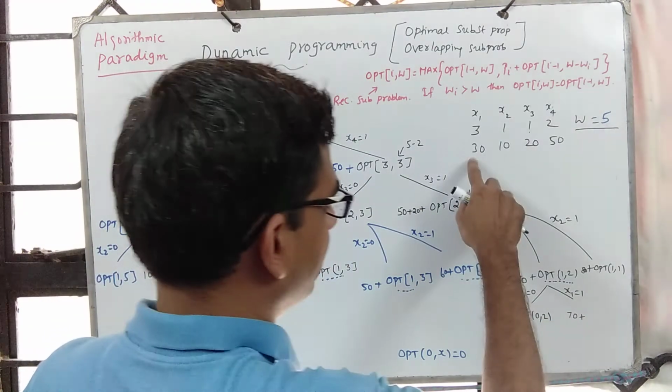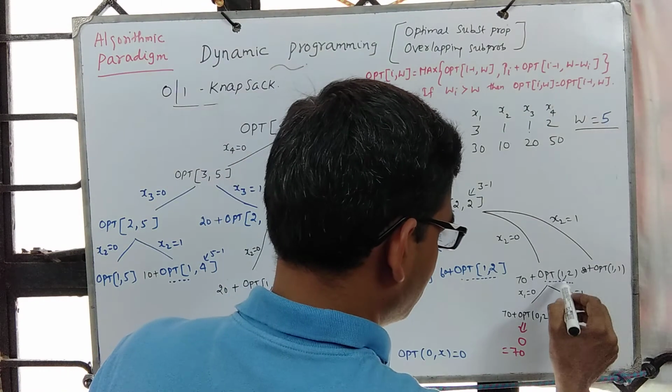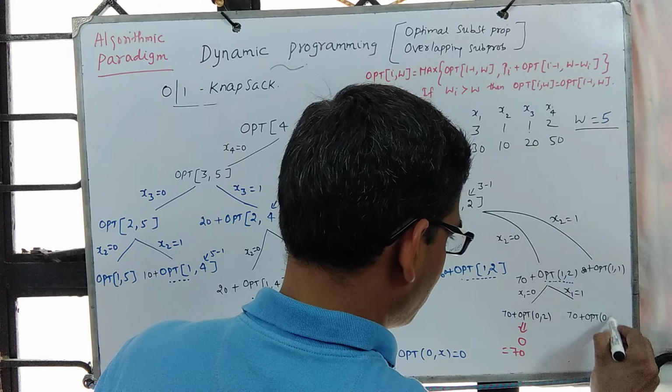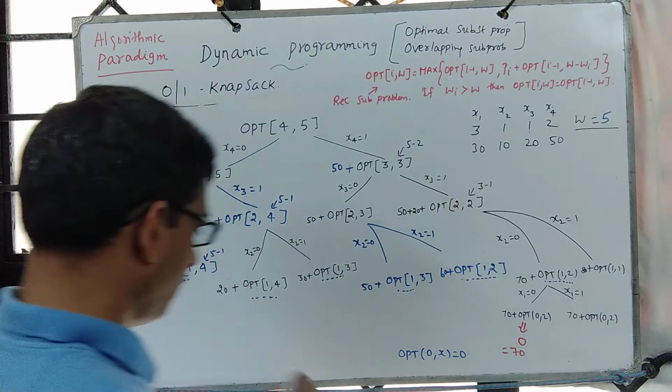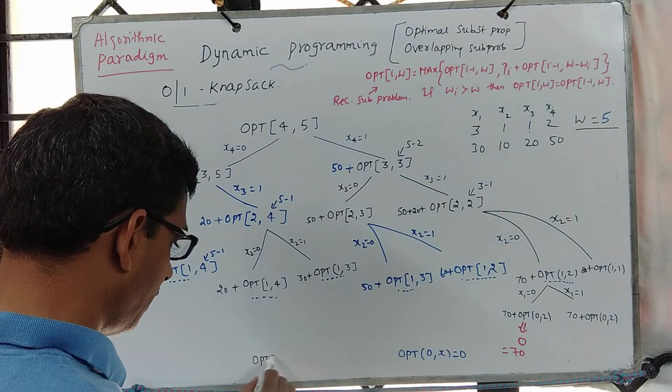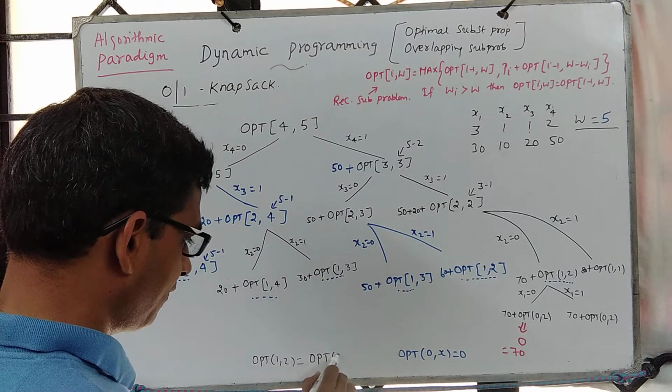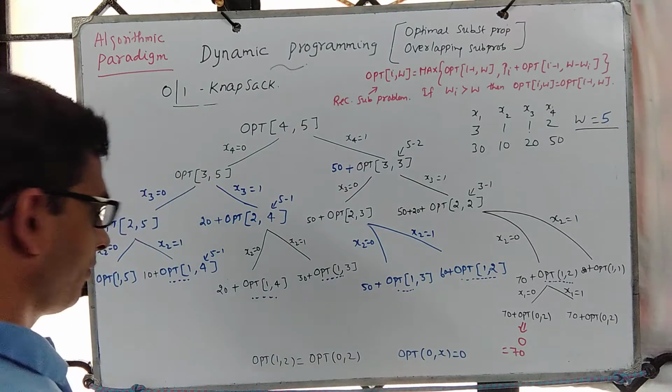So x1 cannot be considered. So this one is same as opt of 0 comma 2. So opt of 1 comma 2 is same as opt of 0 comma 2.